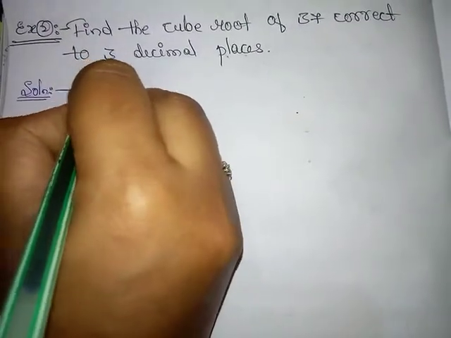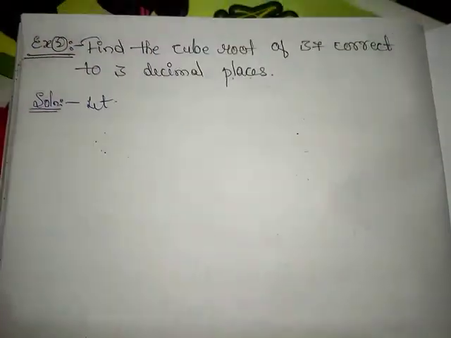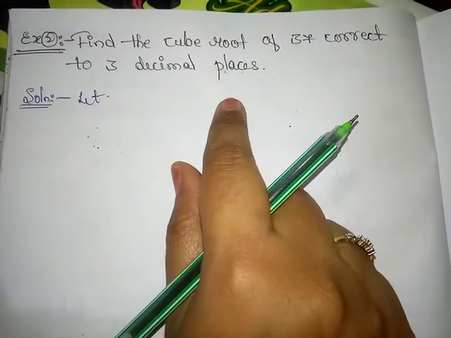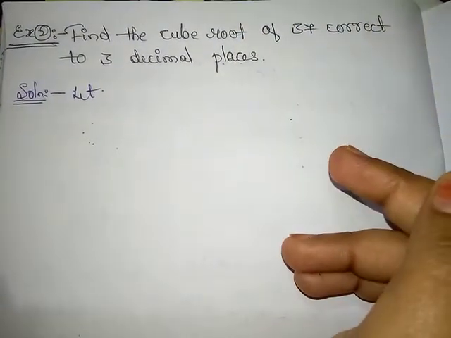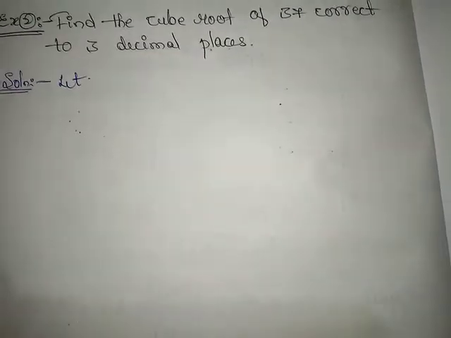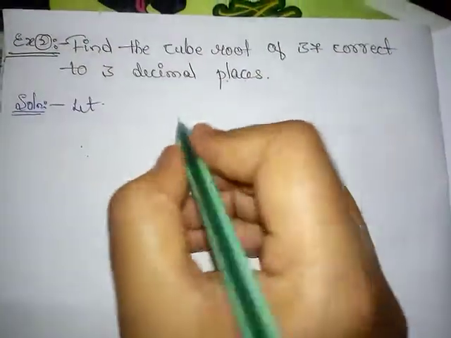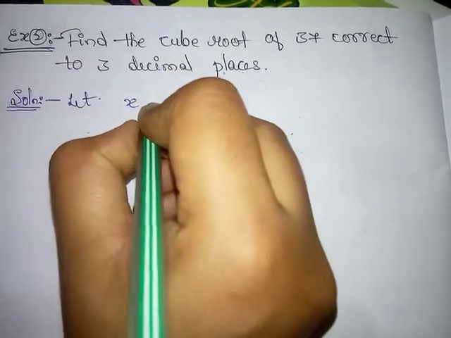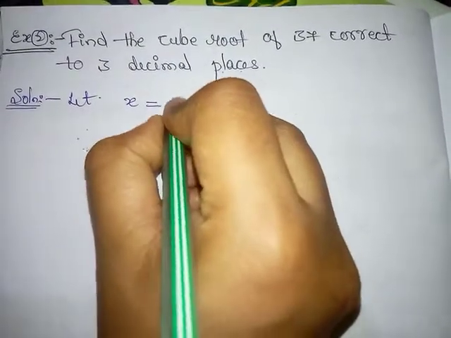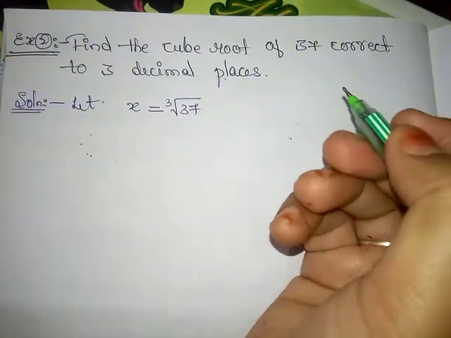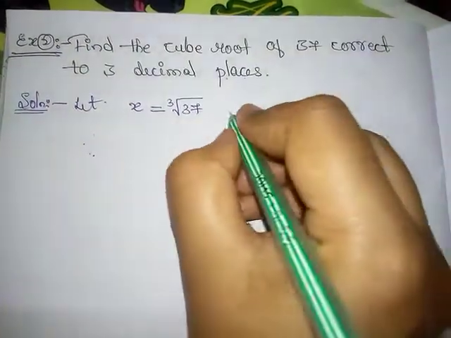In the Regula-Falsi method also I have given an example like this. There the fourth root of 12 is given. Here the cube root of 37 is given. The cube root of 37 is written as x is equal to cube root of 37.